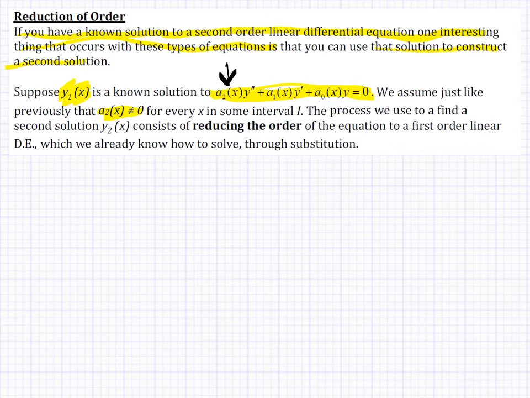So we're going to assume that this is a second order, okay? And so what we want to do is find this second solution, y sub 2, and we're going to do it using this reduction of order process, okay? And basically the idea is we're going to use a substitution to help us get there.